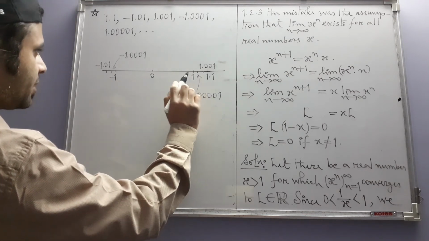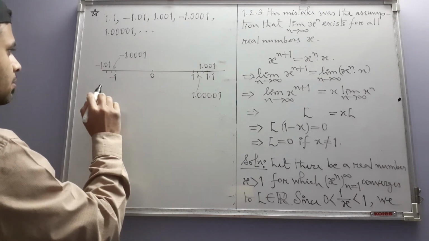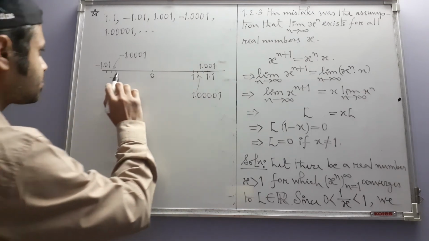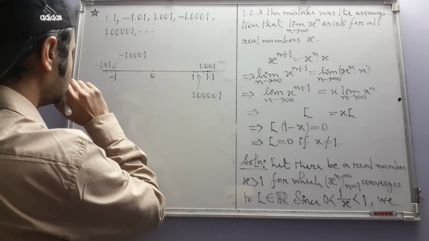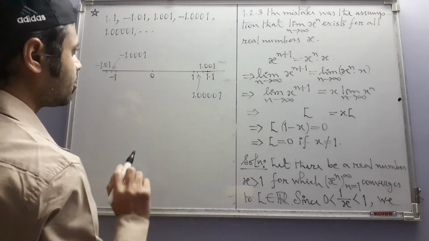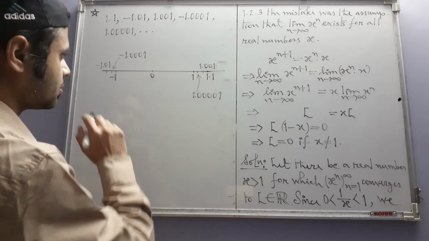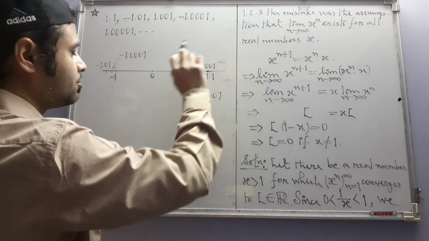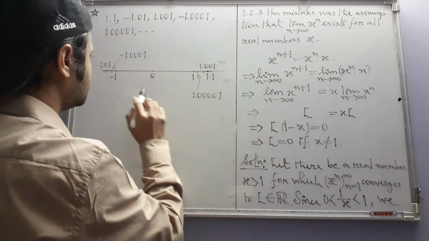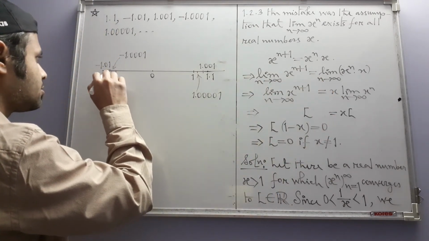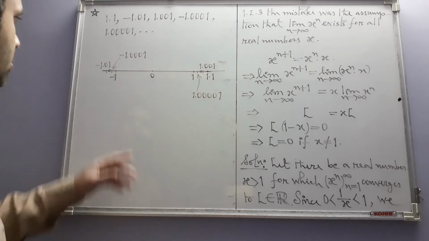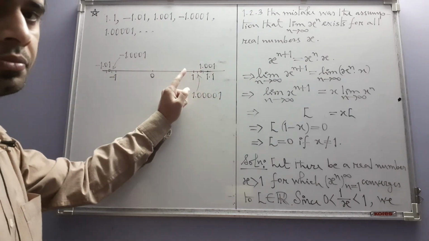That is because, first of all, it is not a Cauchy sequence because of this simple reason that no matter how far you go down the sequence, there are always terms in the sequence that are far apart.